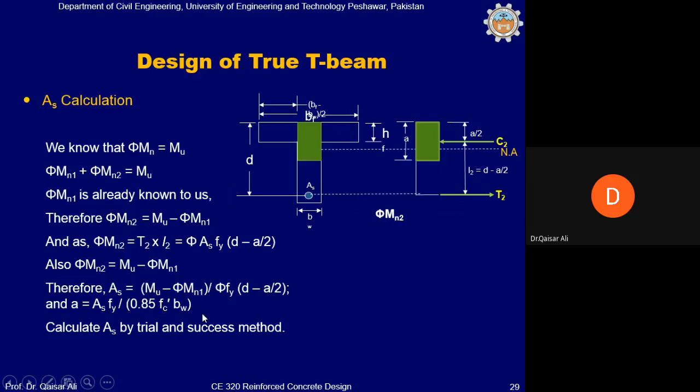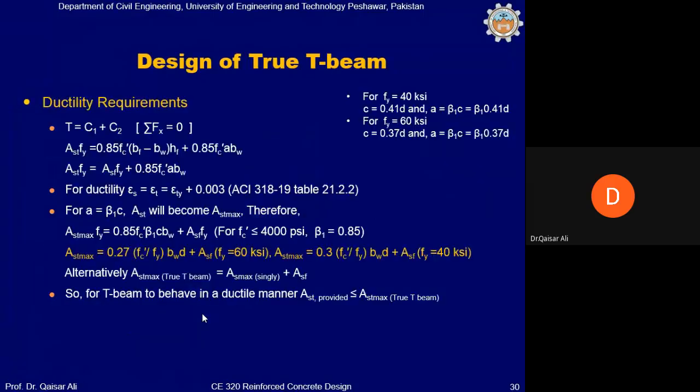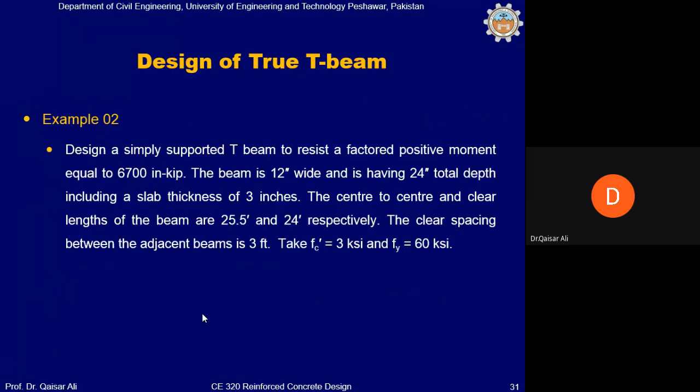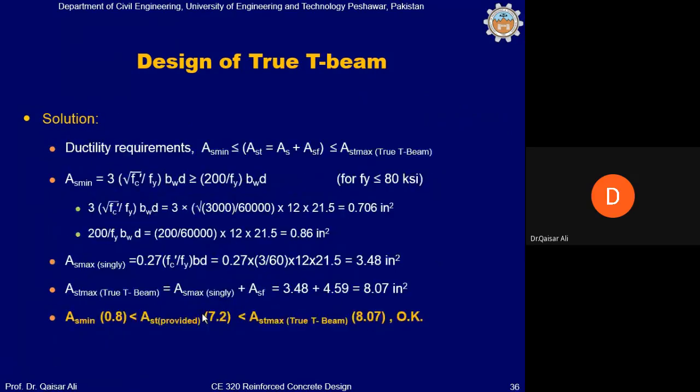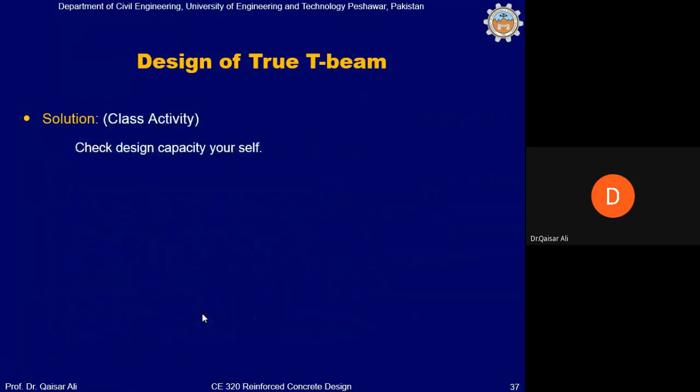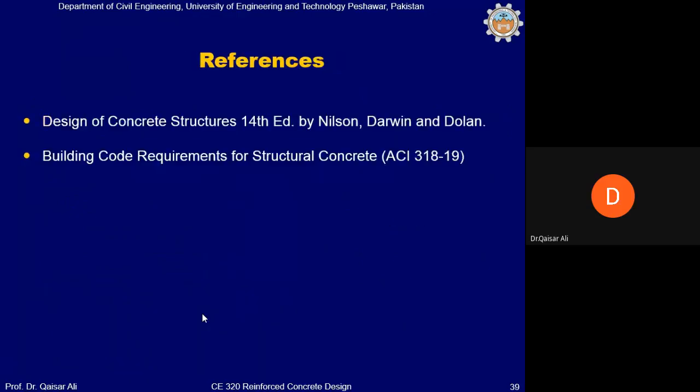Then you can do trials, assume small a equal to 3, 4, or 5 inch, and calculate As. Then the total area will be equal to As plus Asf. This is the equation for As max and As minimum. So one example where everything is very clearly demonstrated. And then it is the end of this lecture.